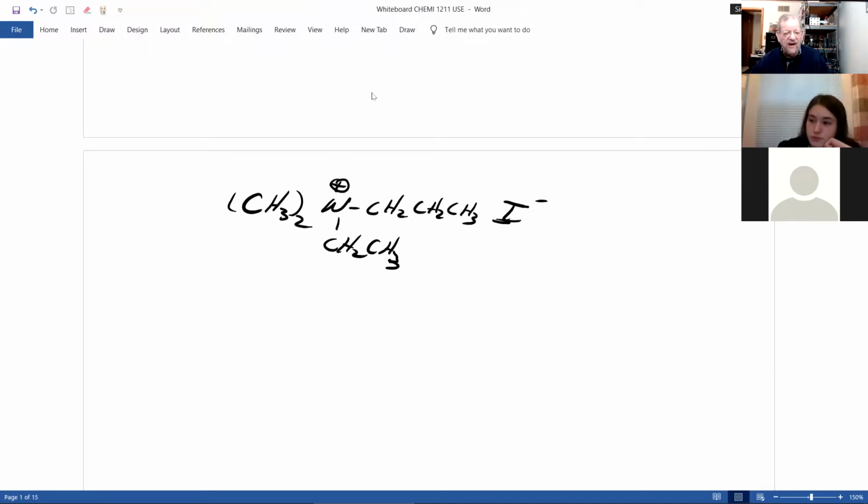Now notice what's different? Nitrogen has a positive charge, and it also has an anion, and therefore this is a quaternary ammonium salt.